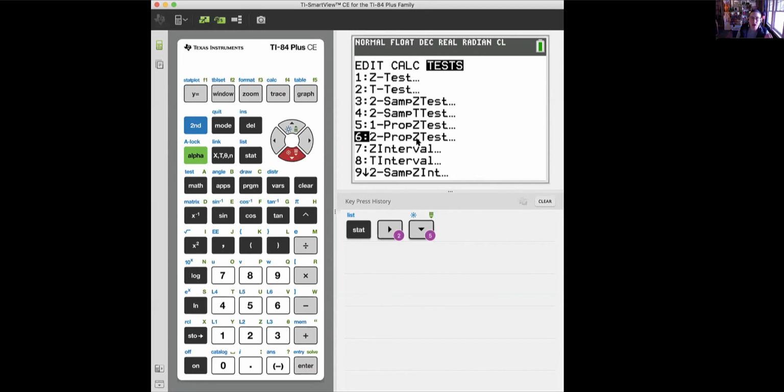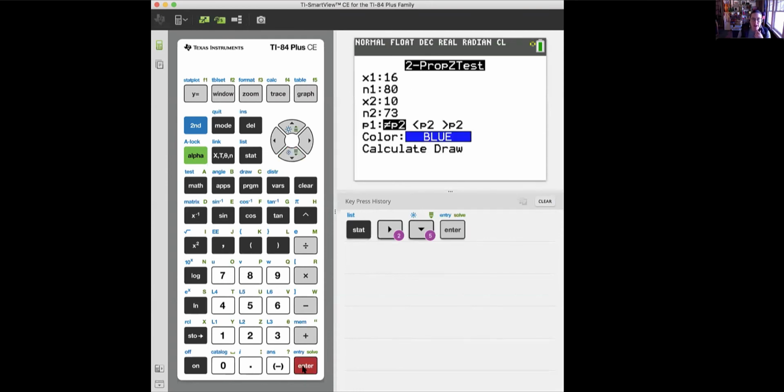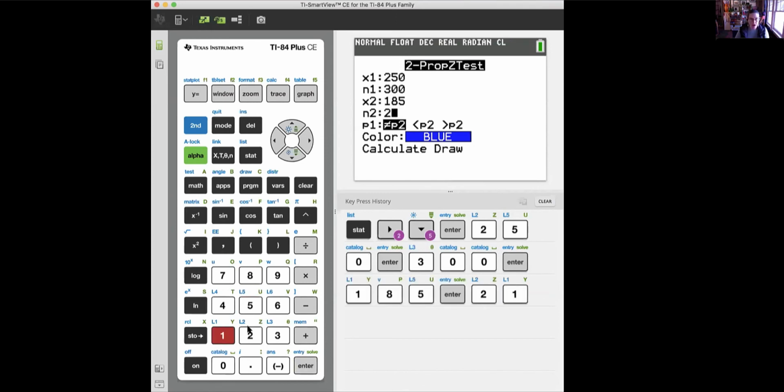When you're trying to figure out which test to use, those little cues make a huge difference in making sure you're in the right place. X1, I said, is going to be Delta, so we put in 250 out of that 300 on time. X2 is American, so 185 out of 213. And again, we're just looking for them being not equal.